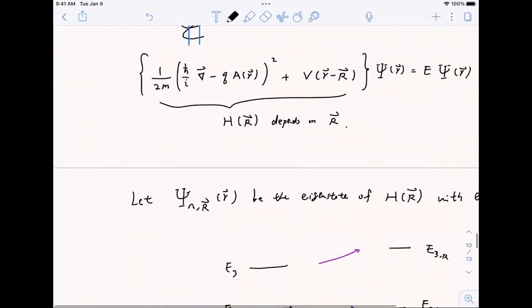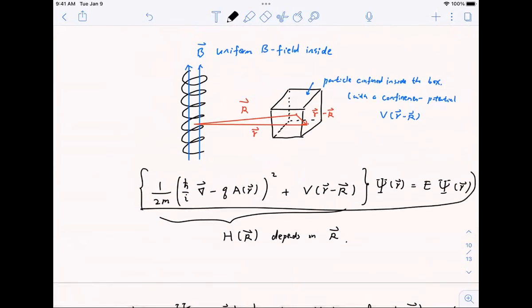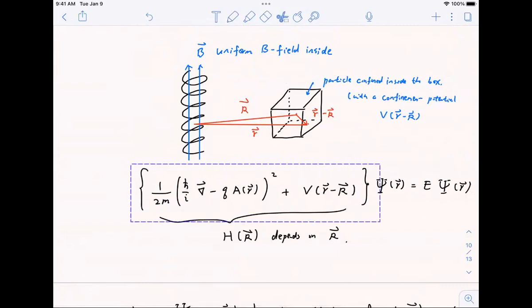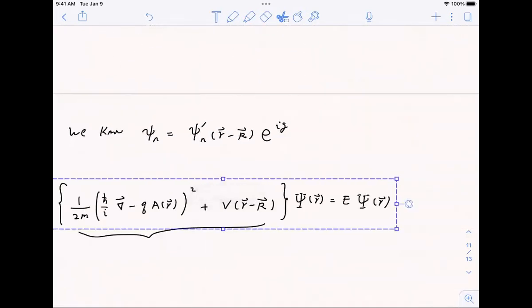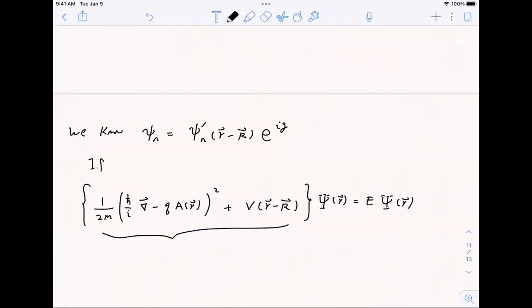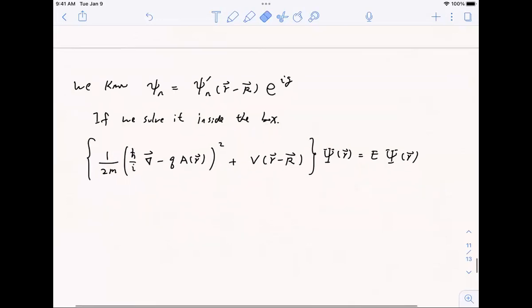Because when you solve this equation only inside the box, the solution will have this form.